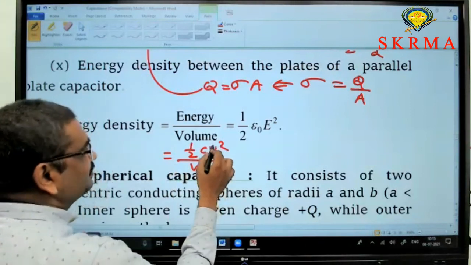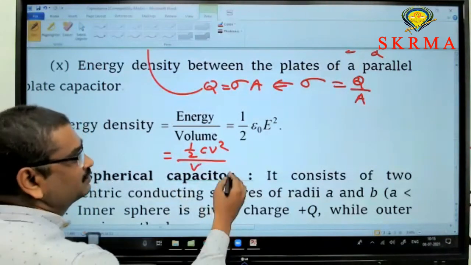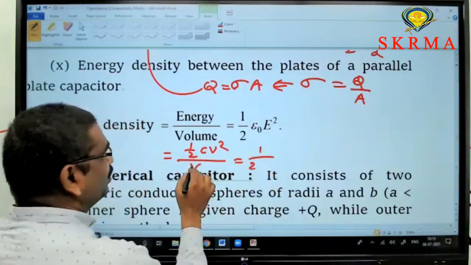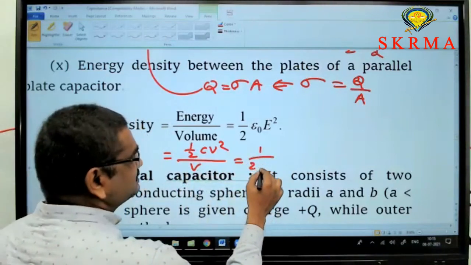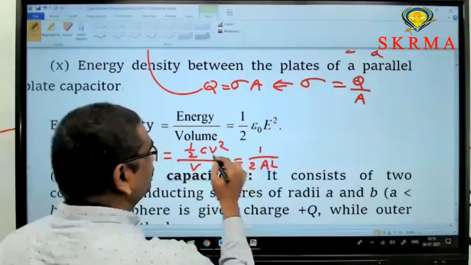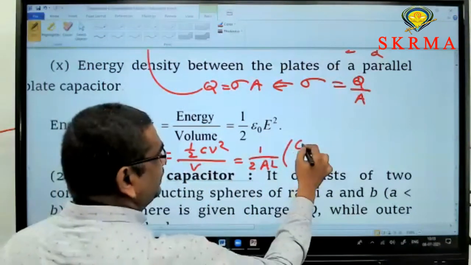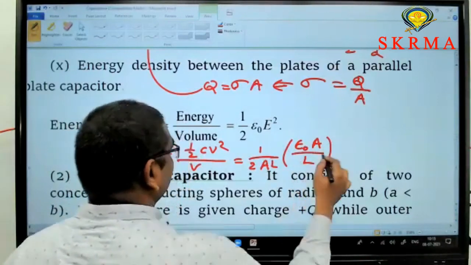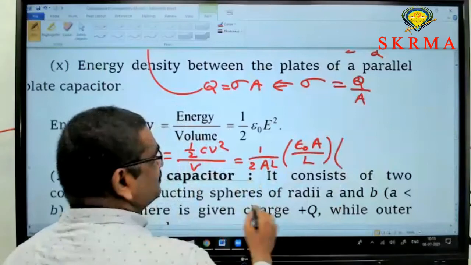What is the value of V in terms of E? This is equal to 1 by 2 into C V square over volume. Volume can be written as area into length. What is the value of C? Epsilon naught into A by length or distance. Next, what is V in terms of E?